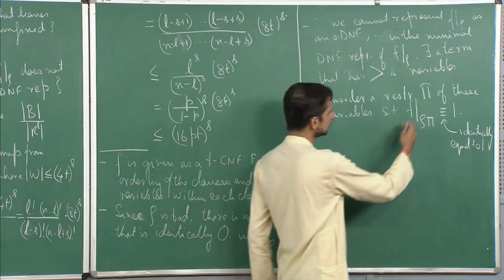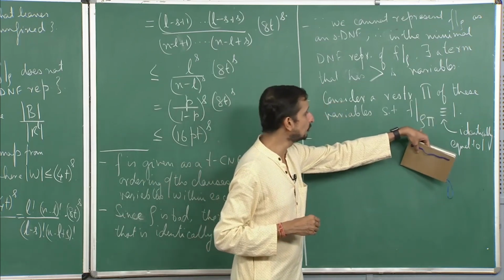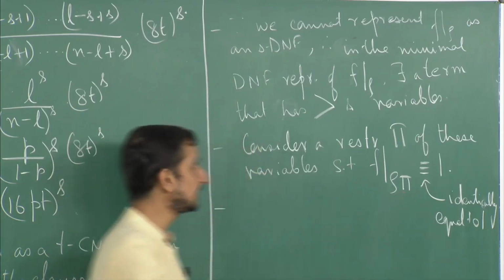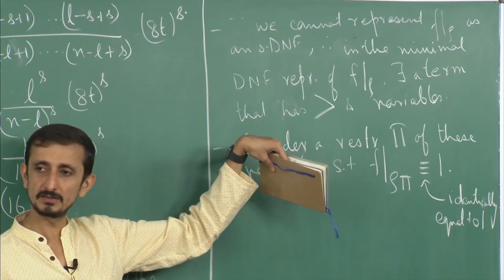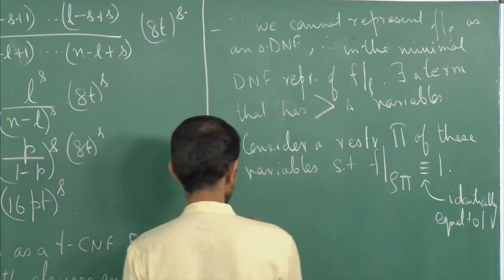Now, because f restricted to rho pi is identically 1, if I look at this restriction in the CNF representation, what does it say about the CNF representation?